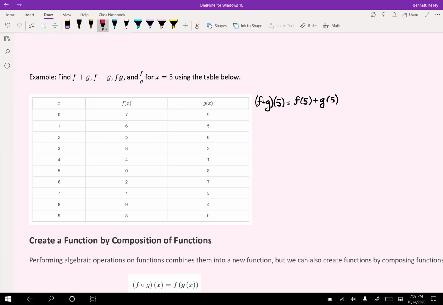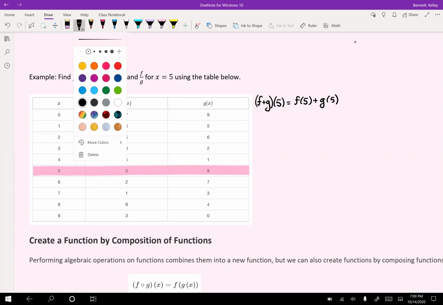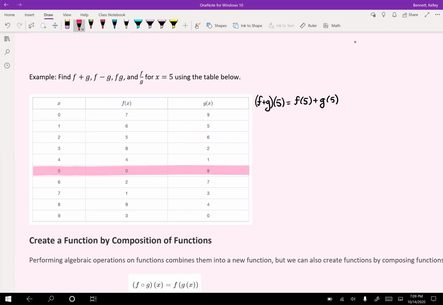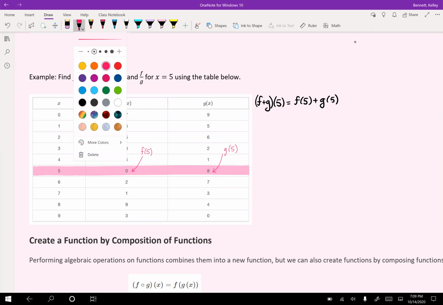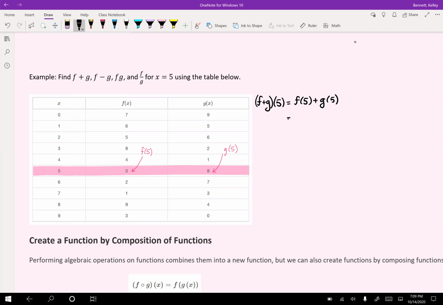Looking here, I can see that f of 5 is 0. And then over here, this is g of 5, which is 8. So this is going to be 0 plus 8, which gives me 8.